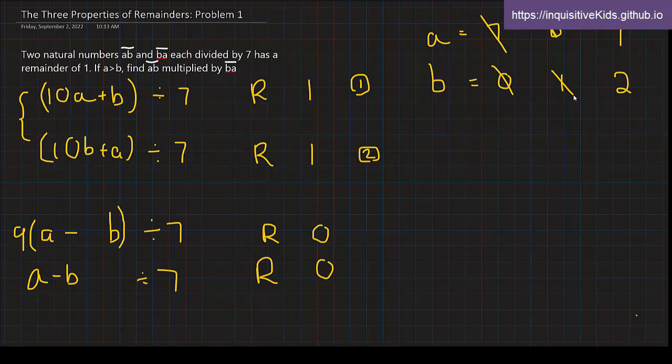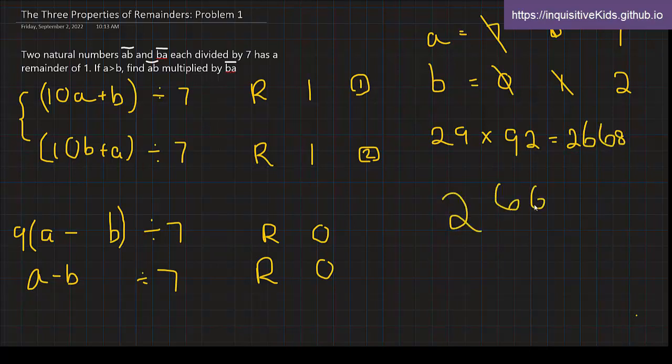So if A equals 9 and B equals 2, you want to find them multiplied by each other. So 29 times 92, do the math, and we get 2,668. Our final answer, the product of AB and BA, is 2,668.